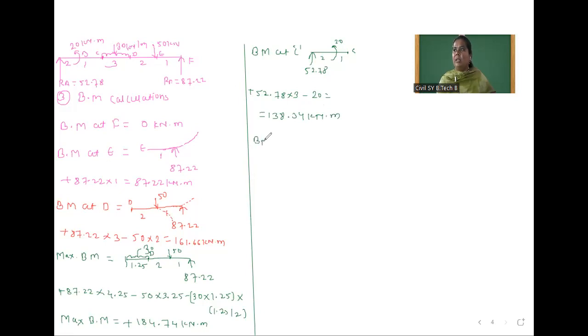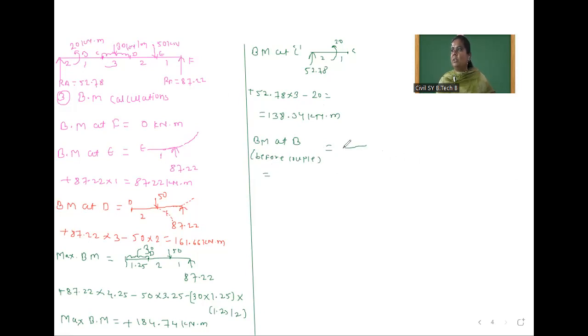After that, we will calculate at B. So bending moment at B, but before couple. Which is equal to? Okay, I will draw the figure here.